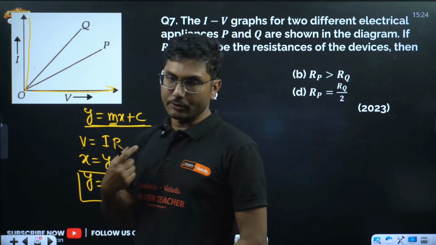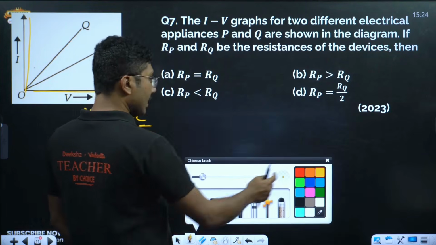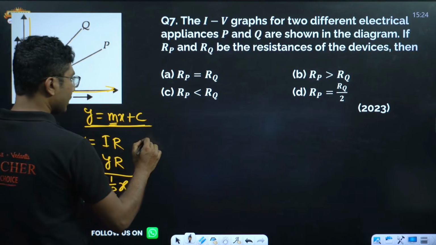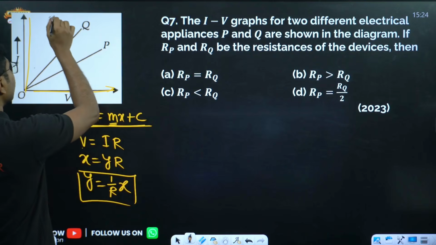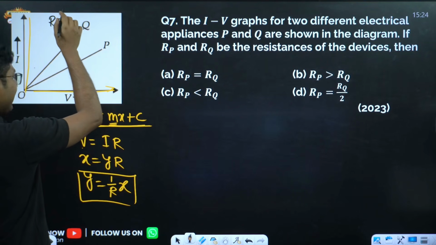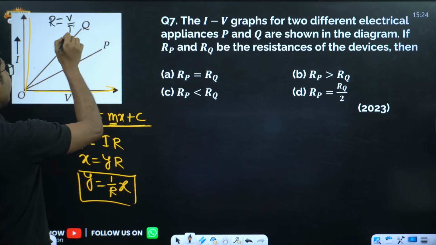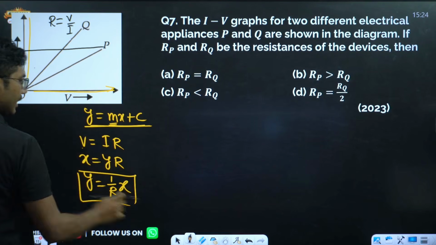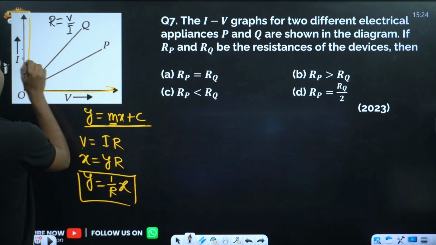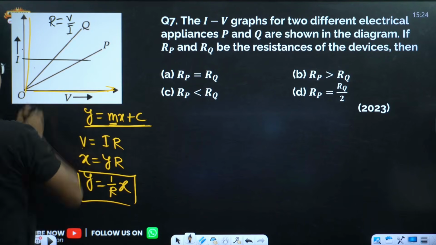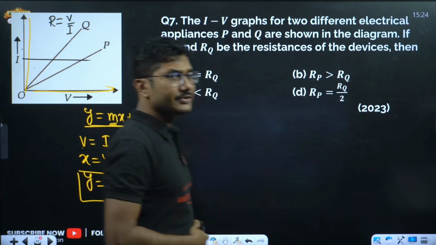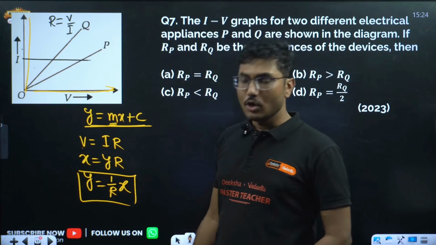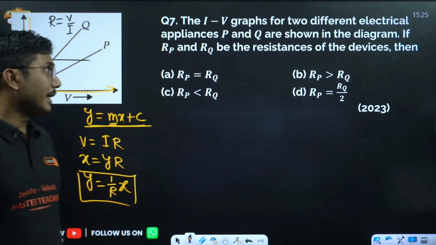There is one more way to solve such a question. Here you can directly use the relation V equals IR, or R equals V upon I. So if you take a constant I, for example, this is the I which is constant, right? And whoever is giving you higher voltage will have a higher resistance as well.